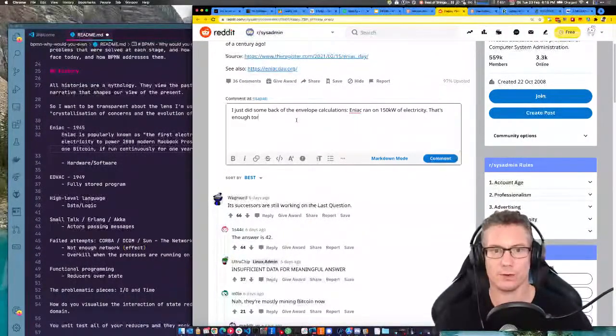That's enough to roughly power 2,000 MacBook Pros, and enough energy to mine US 0.01 cent worth of Bitcoin in 10 minutes using modern hardware.